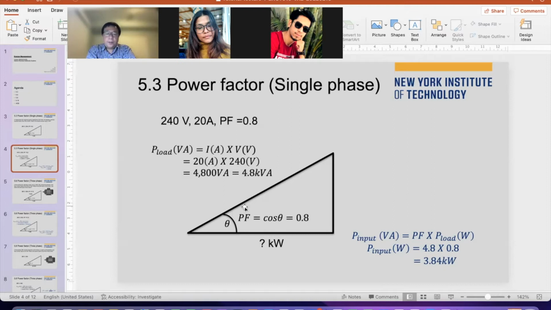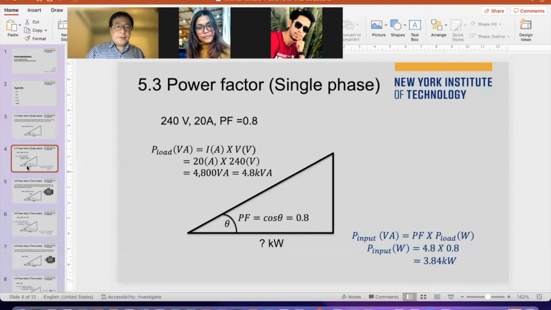And we know the power factor. Power factor is equal to cosine phi, with the number 0.8. By the geometry, cosine is equal to this side over this hypotenuse. Then we can obtain the power input, 3.84 kilowatts. Any question on that?